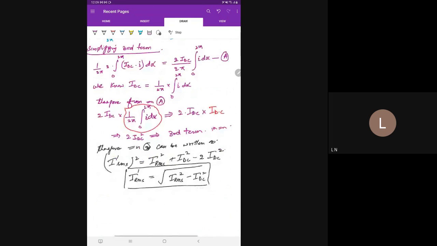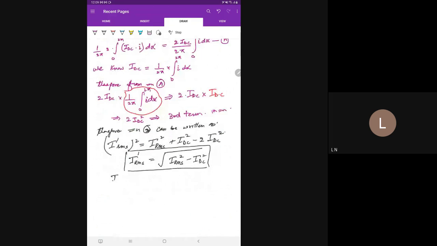We'll write it down. I dash RMS is the AC output current, and this I dash RMS is also the reading of the AC ammeter.